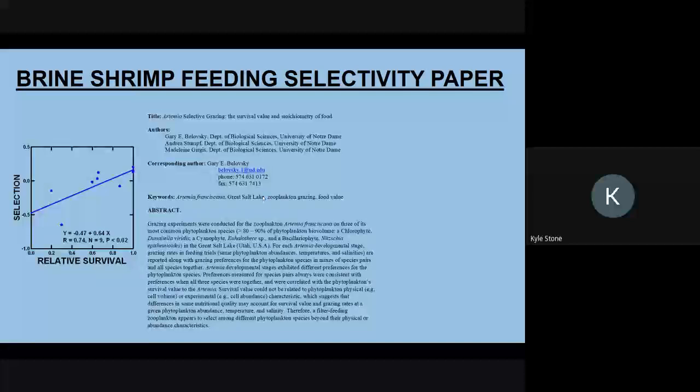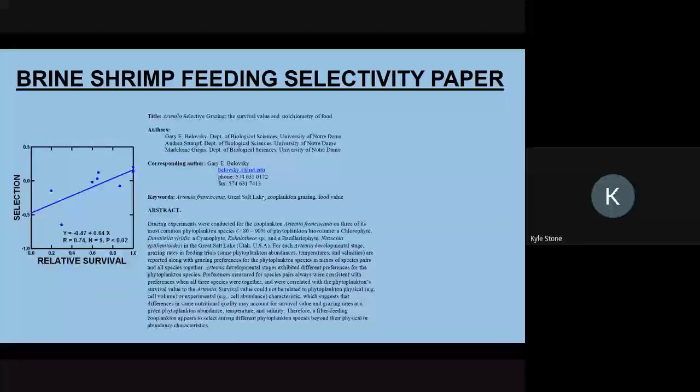The species we're using here are Dunaliella viridis, Euhalothece as a cyanobacteria, and Nitzschia as a diatom, a bacillariophyte. And we can see from the lab experiments that we've done that the brine shrimp's preference in their feeding is correlated with how well they survive on that type of phytoplankton.